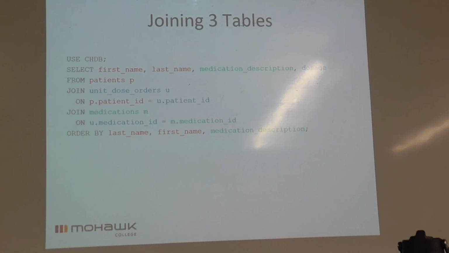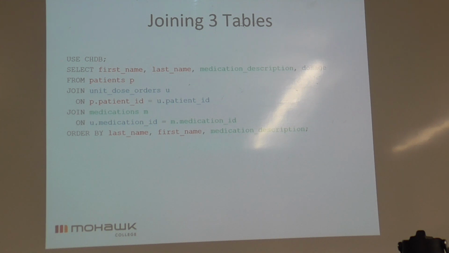For example, here's one on the community hospital database. We are selecting first name, last name, medication description, and dosage. All of these things are contained in different tables. From patients P, we join unit dose orders U, for the same patient ID.